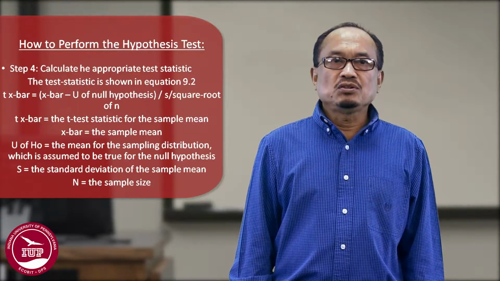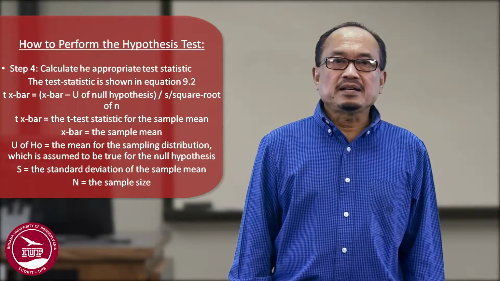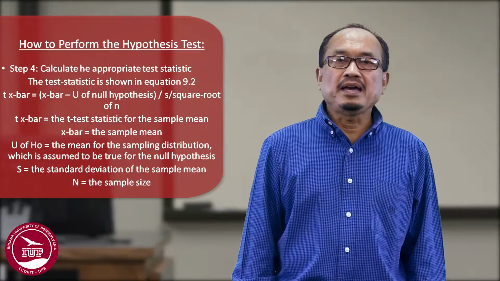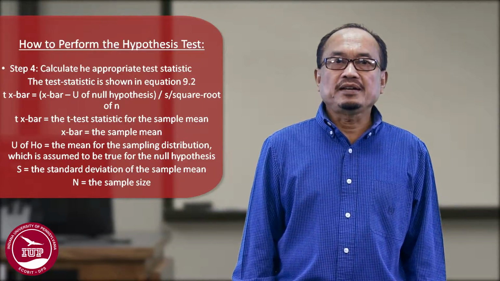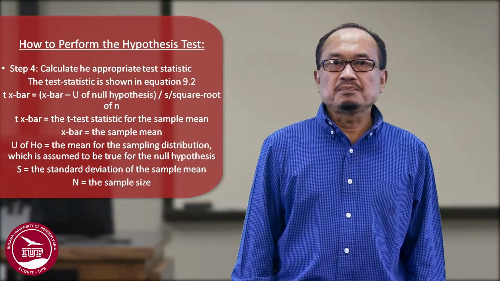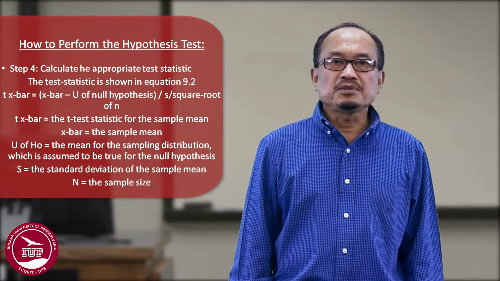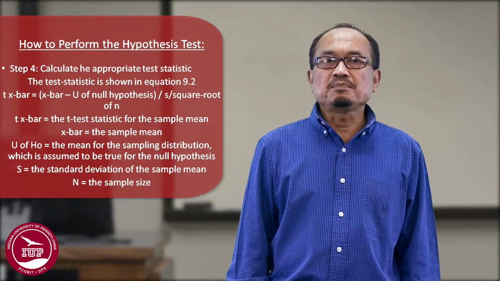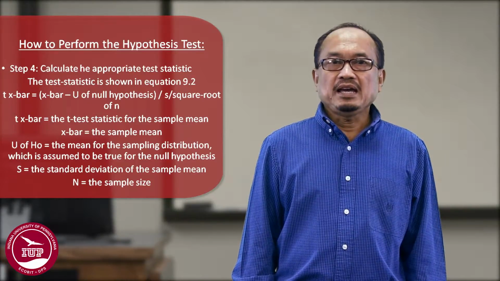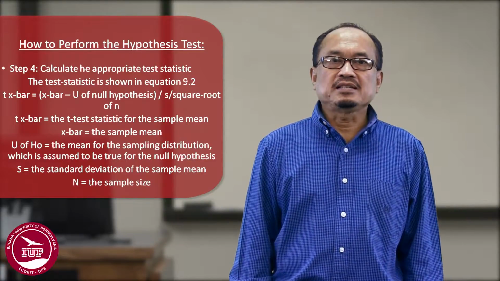The test statistic is shown in Equation 9.2: t of x bar equals x bar minus mu of the null hypothesis, divided by s divided by the square root of n, where t of x bar is the t test statistic for the sample mean, x bar is the sample mean, mu of the null hypothesis is the mean for the sampling distribution, which is assumed to be true for the null hypothesis, s is the standard deviation of the sample, and n is the sample size.